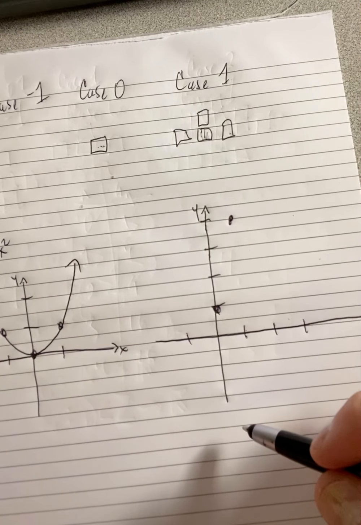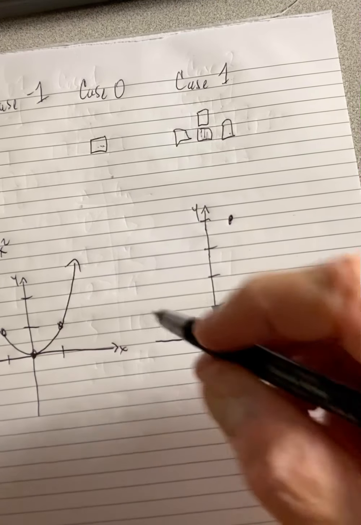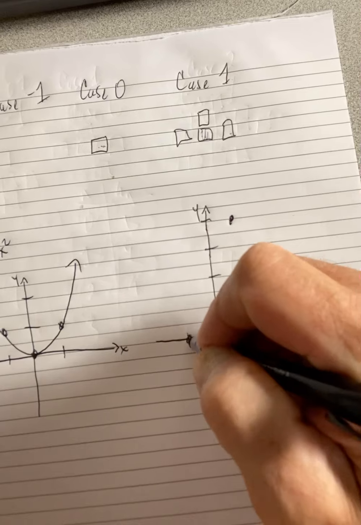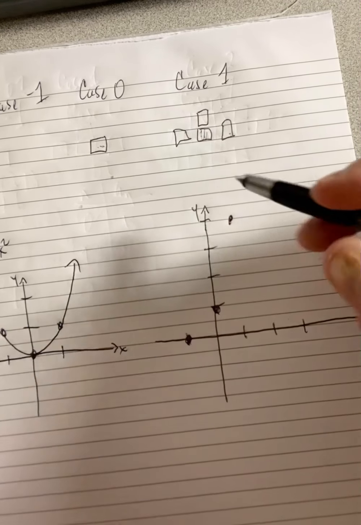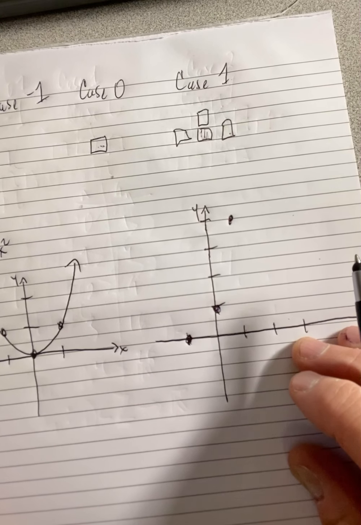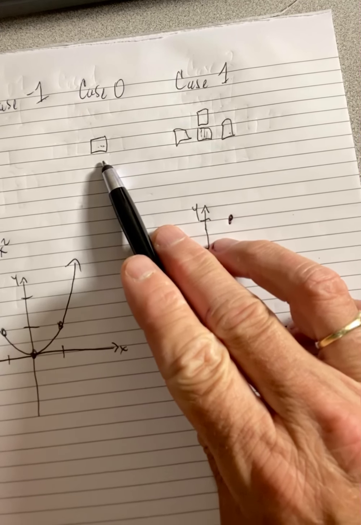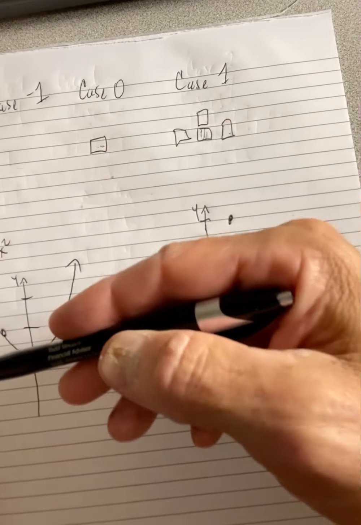What do we think maybe the next point is? Would it make sense that the next point is nothing? Maybe there's no block here. I wonder what case negative 2 would be. Can we think about case negative 2? Well, maybe case negative 2 is start the pattern over again, maybe going down.